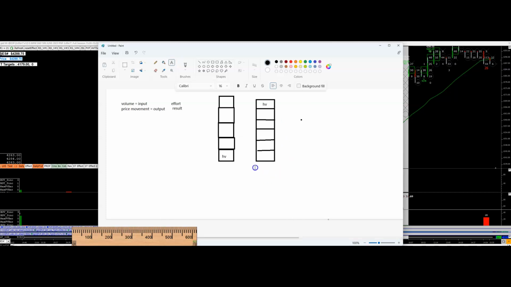So it's an up bar, but you have volume up there. Is that bullish? The answer is no, because it has no effect above it.